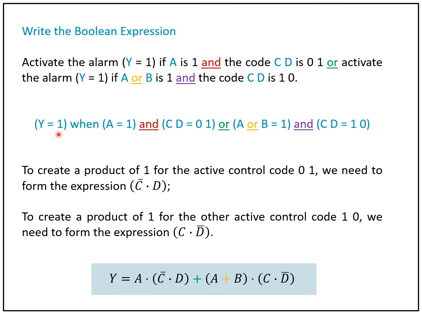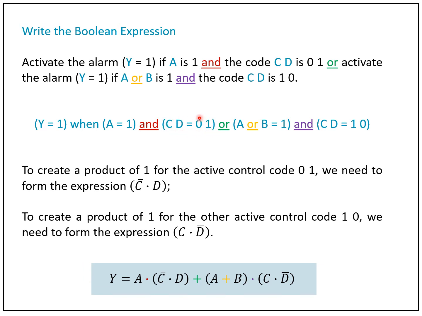Then you need to realize, if you want to write the whole statement as a Boolean expression, that on one side you should have Y, and on the right side the expression should be equal to 1 to satisfy Y equals 1. And that would only happen if the active state code CD is given a value of 1.